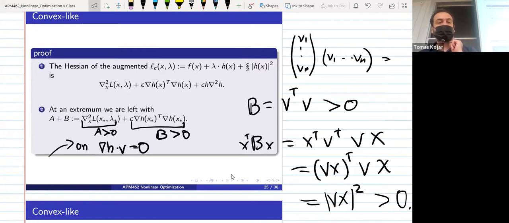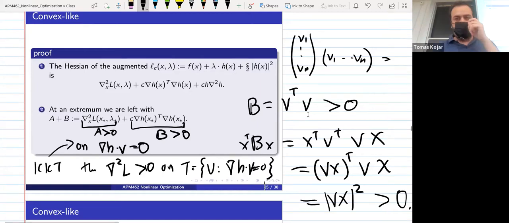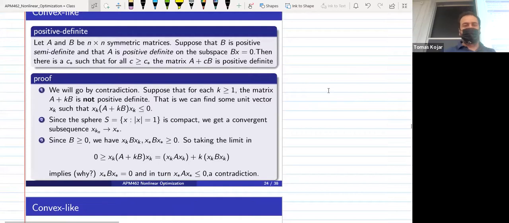So this is one of the KKT conditions, that the Hessian of L is positive definite on the tangent space of all the v who are normal to the constraint.